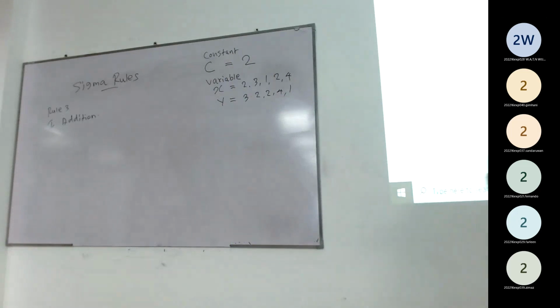It says that variable and constant you add. Suppose the summation of the addition of variable and constant is similar to the addition of the summation of variable and constant separately. Sigma i equals 1 to n, xi plus ci, summation of the addition of variable and constant. That is similar to what? Sigma i equals 1 to n, xi plus sigma i equals 1 to n, ci.